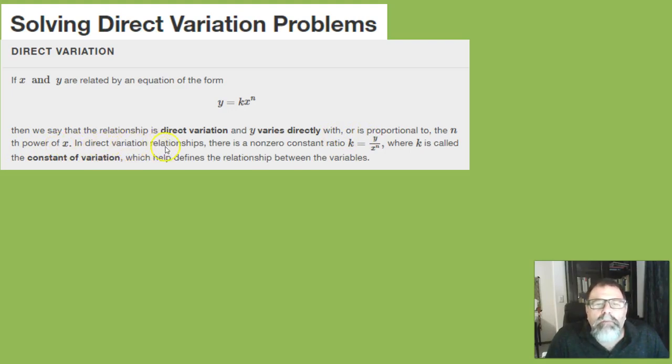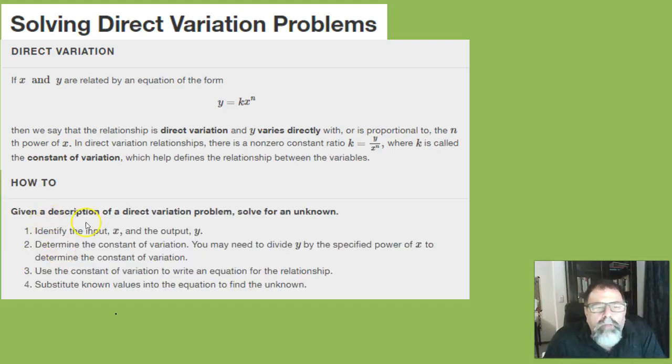In direct variation relationships, there is a non-zero constant k, which equals y over x to the n. So basically just solving it for k, right? Divide both sides by x to the n, where k is called the constant of variation, which helps define the relationship between the variables.